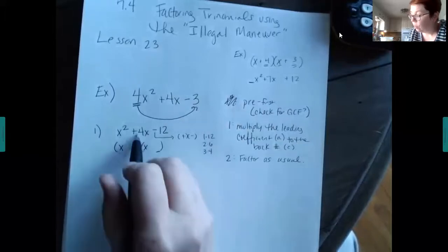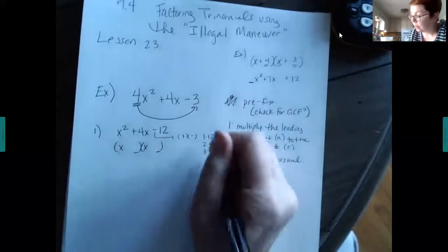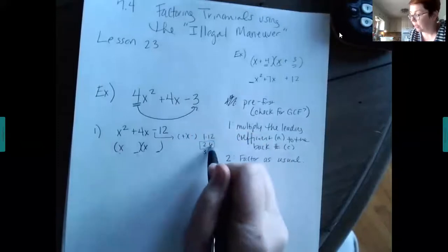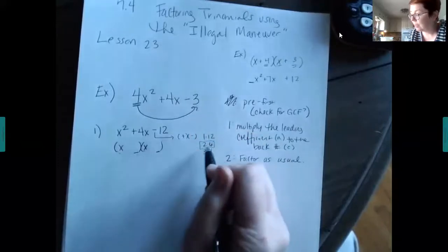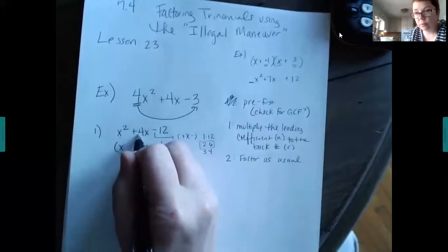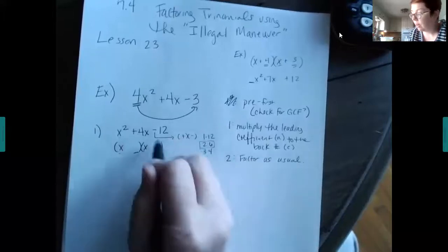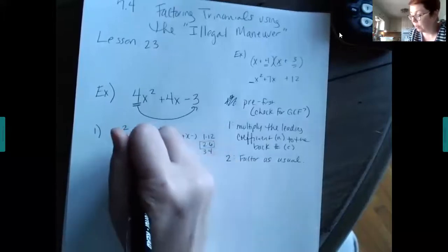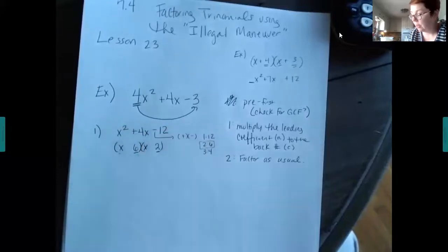The only way to get 4 out of this set of factors is 2 times 6. So 6 times 2 gets us 12. 6 minus 2 gets us 4. Okay? And we know we have to subtract because of this sign, because one's a plus and one's a minus. Which one?